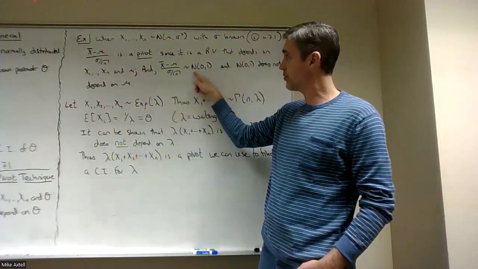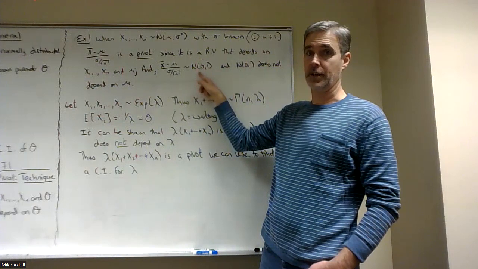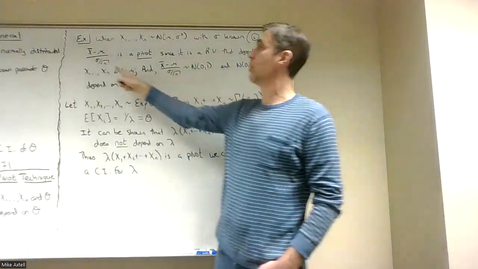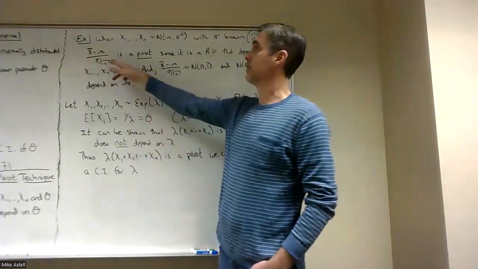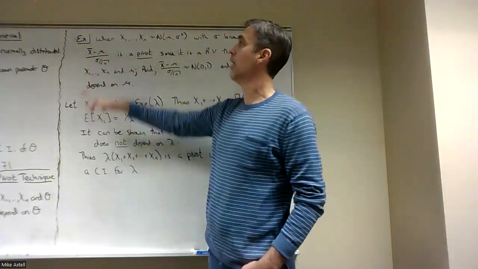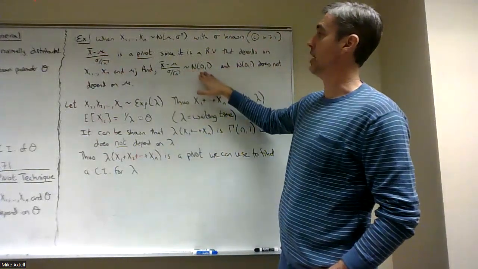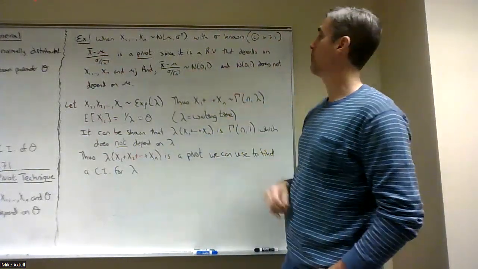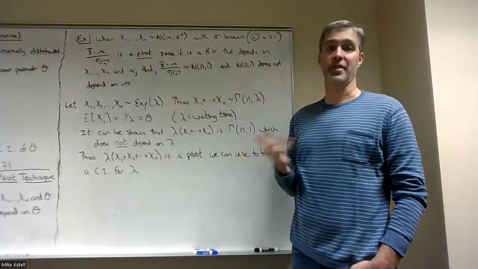And look, that distribution doesn't require mu. It doesn't depend on mu. So this random variable over here is a pivot. It depends on the data to get x bar and the unknown parameter mu, but its distribution does not depend on mu. All right. So we're just going to generalize this to the non-normal.